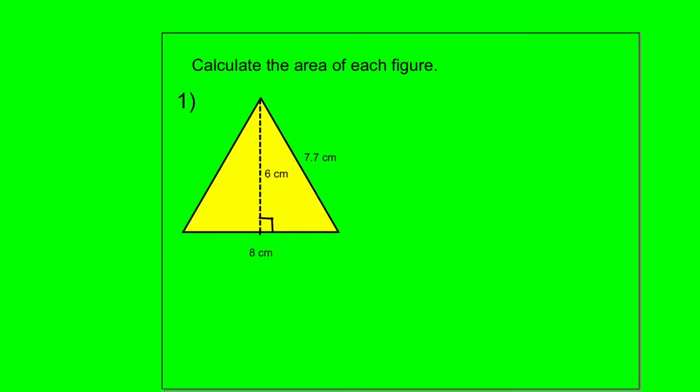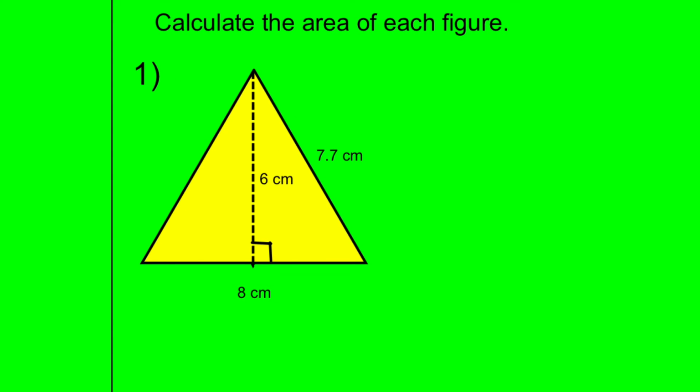So here we have a triangle. Now there are three measurements on this triangle. There's this measurement down here, that's the bottom. We call that the base. The base of this triangle is 8 centimeters. And we have this distance as well.